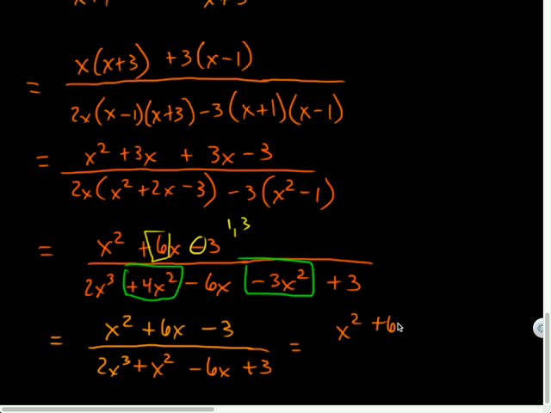x squared plus 6x minus 3. I think it looks like it might work out. Let's see, where's my mouse at? Here I could yoink out just an x squared, sorry. And here I could factor out a negative 3. And I'd have x squared times 2x plus 1.